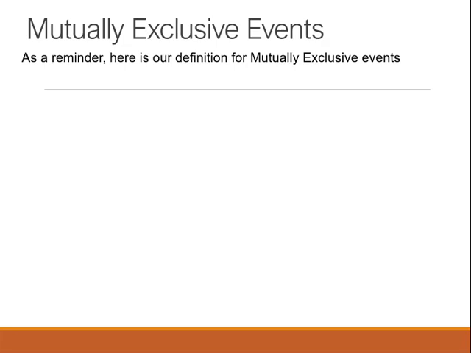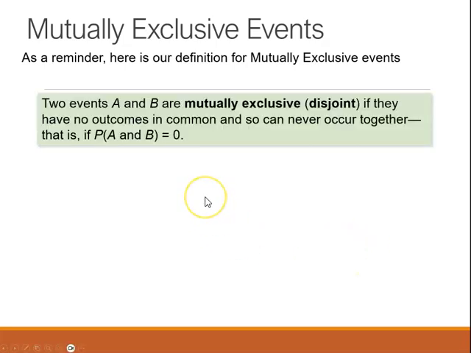Okay. Again, talking about mutually exclusive events, because these come up a lot here in this next section. We say that events that are mutually exclusive have no outcomes in common. Basically, the intersection of those two sets is empty. So the probability that the two events can occur together is 0.